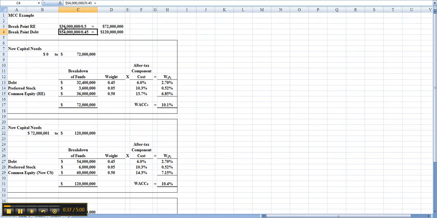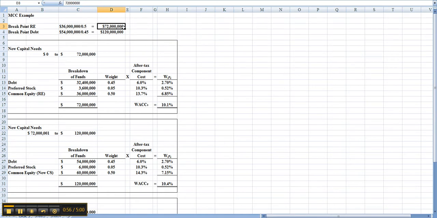So to find a break point, you just take for retained earnings, you take the amount of new retained earnings a company has, divide it by the capital structure percentage that common equity makes up, and you get what's called the break point.